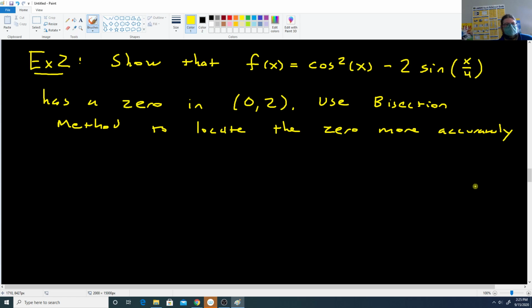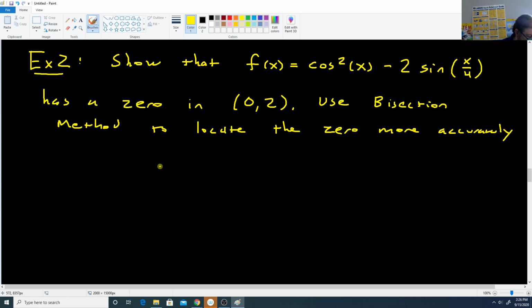Then we'll figure out which side it's on, cut that side in half, and keep going with smaller and smaller intervals, finding the 0 in a tighter and tighter open interval, which locates it more accurately.